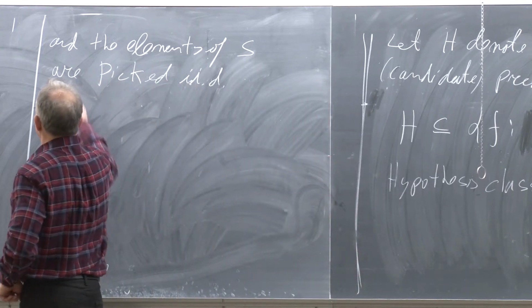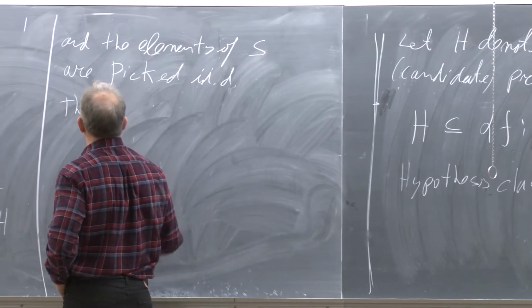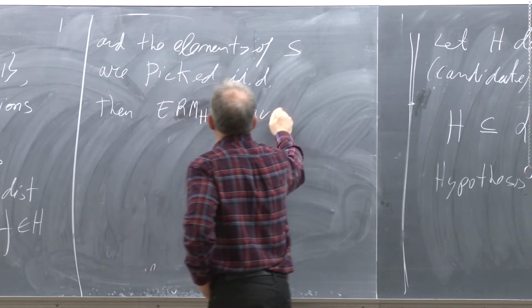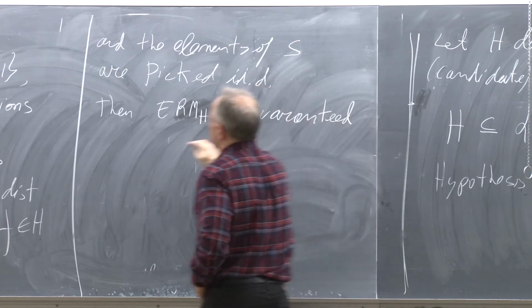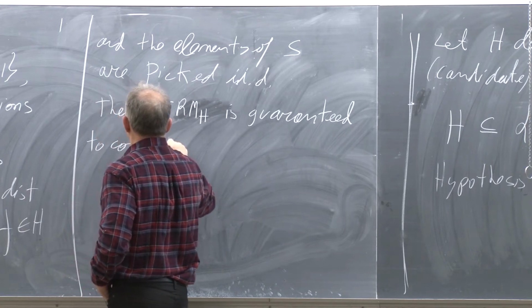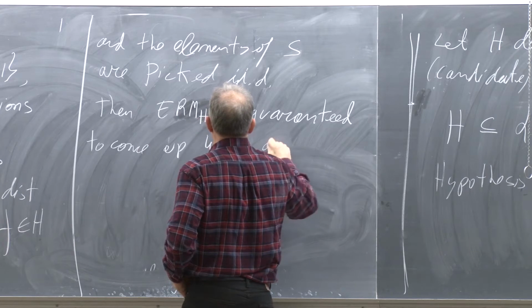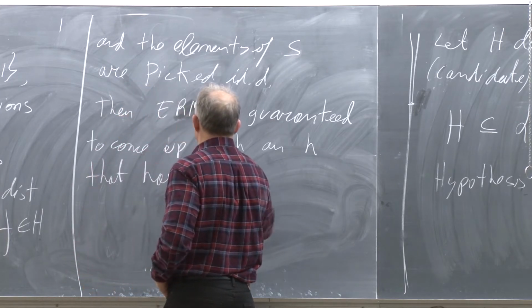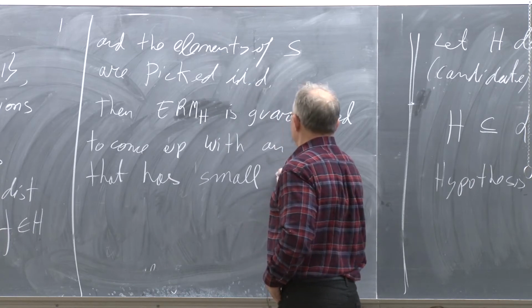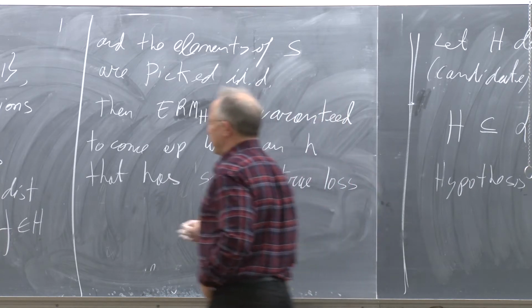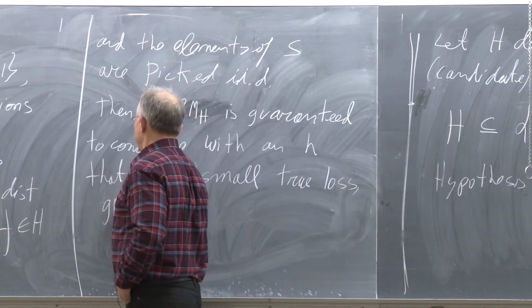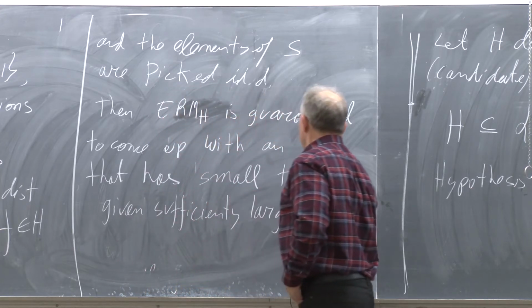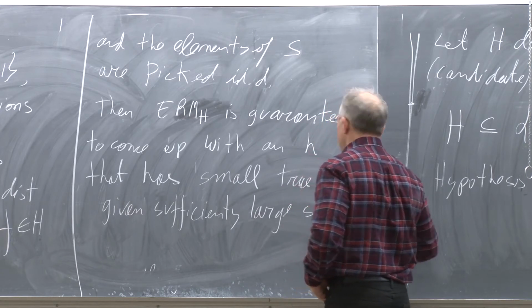Then ERMH is guaranteed to come up with an h that has small true loss, given a sufficiently large sample S. So I'm not completely precise here.